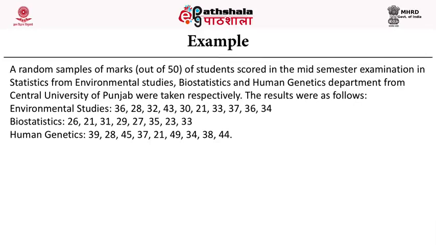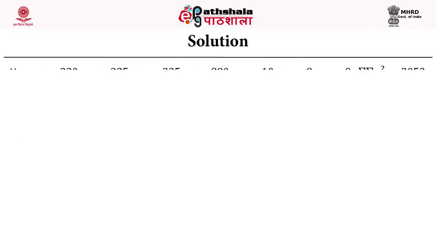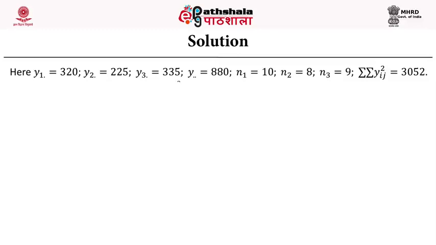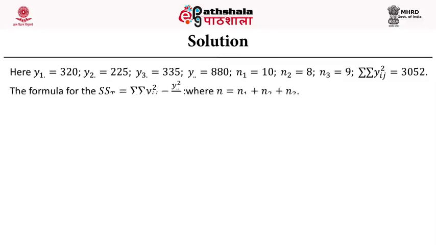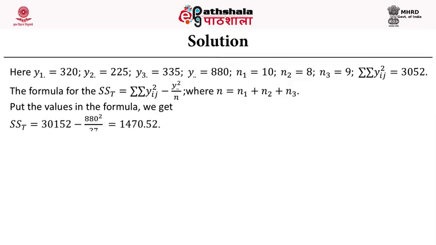Here y1 dot is the sum of the marks of the students from the environmental studies department, y2 dot for the biostatistics department, and y3 dot represents the sum of the marks of students from the human genetics department. And n1 is 10, n2 is equal to 8, n3 is equal to 9, and the double summation of yij square is equal to 3052.